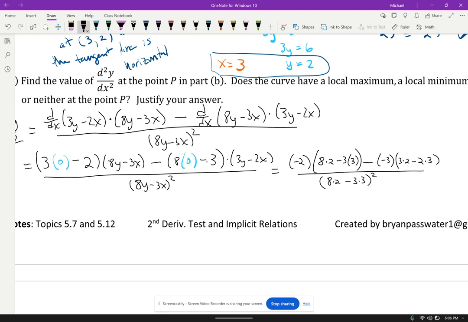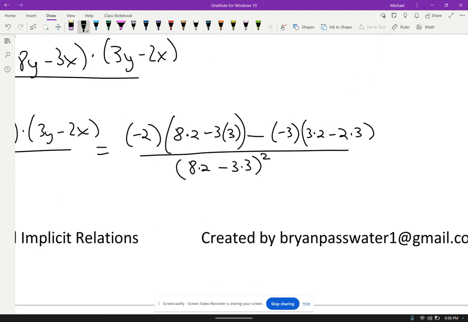So far, so good. What do we notice about this? What is 3 times 3 minus 2 times 3? The whole thing becomes 0. And 0 times negative 3 means this whole thing is going to be gone. And what's leftover is the same thing as this, except the denominator is squared.